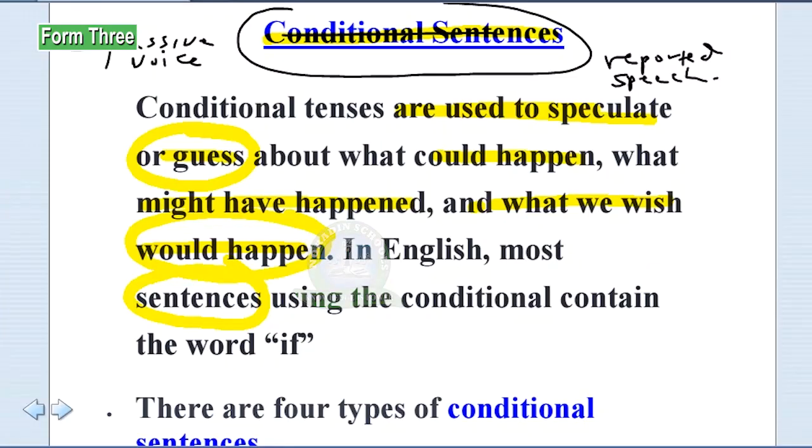In English, most sentences using the conditional contain the word if. Whenever you need to make conditional sentences, don't forget that they all contain the word if.